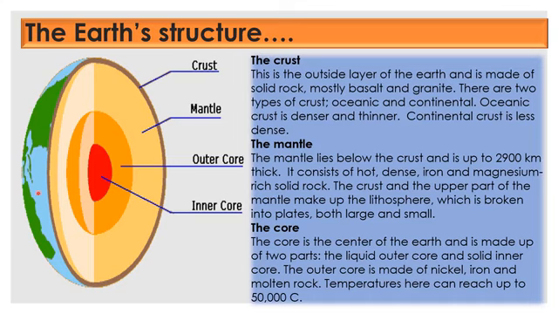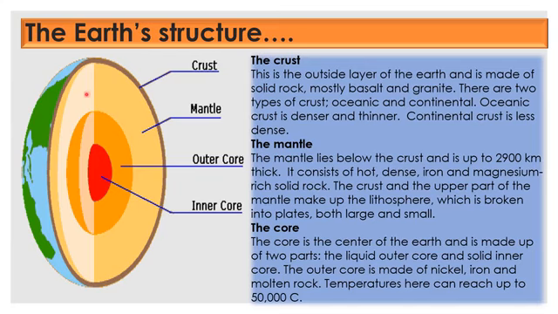The oceanic crust is denser, you can see it in blue color, and thinner. Continental crust is less dense. So this green area is the continental crust and the oceanic crust is shown in blue color. So the ocean has oceanic crust and continents have continental crust.